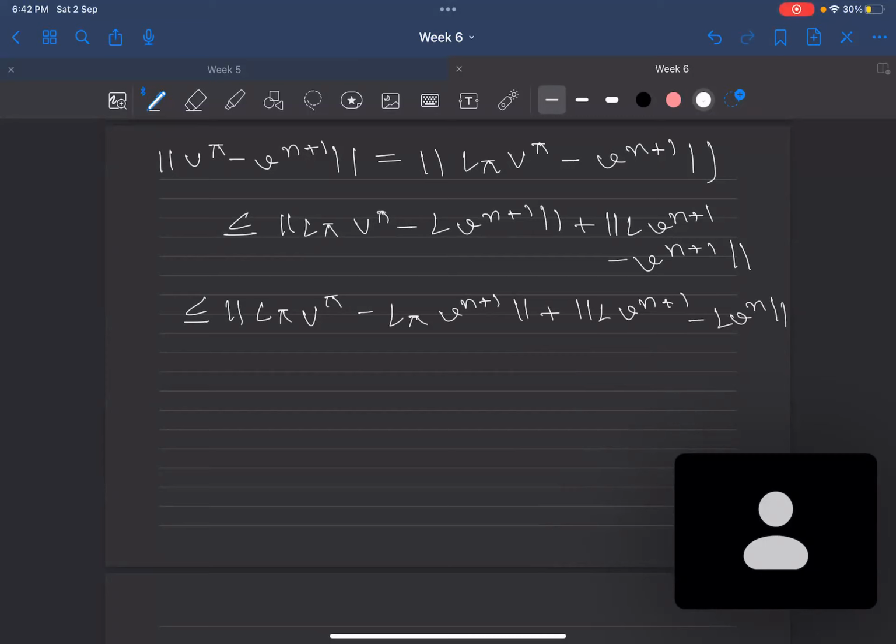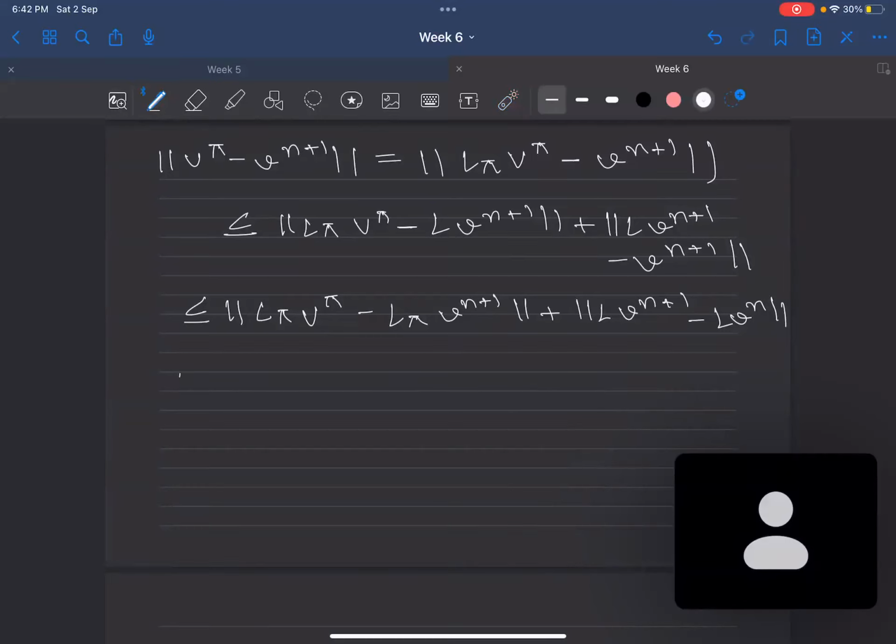Can someone tell me how I get from this second one to this one? This is the difference and this is the difference. Why am I writing L Vn plus 1? L and L pi are the same, that we have done just now. And as Vn plus 1 is LVn, this also we have done in the previous lecture, that we can write Vn plus 1 is equal to LVn.